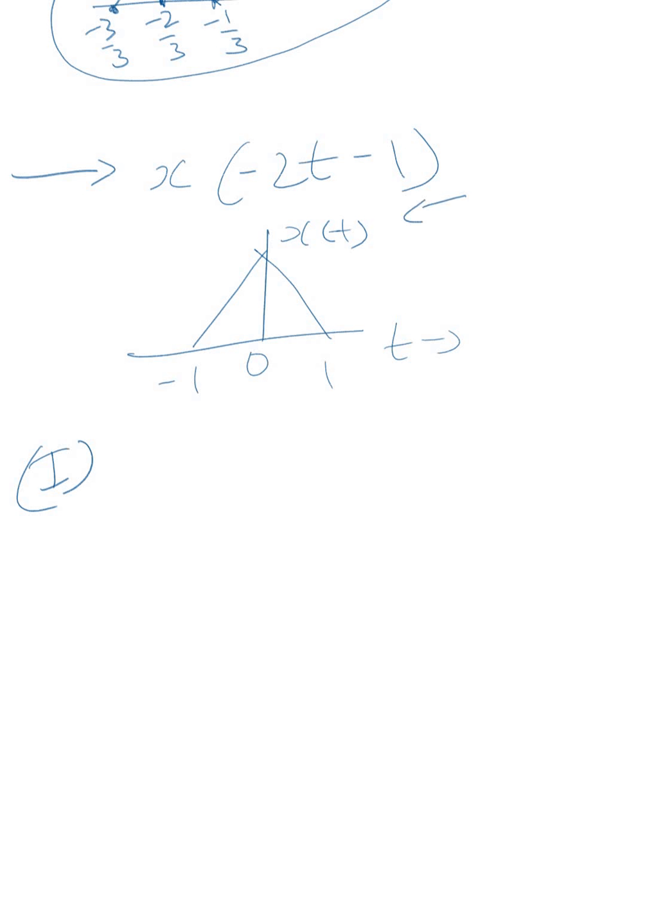If we move from right to left, the first operation is the shifting operation, and the shift is by minus 1. That means the signal will shift towards right on the time domain. So if we apply the shifting by a factor of 1, the signal becomes this.